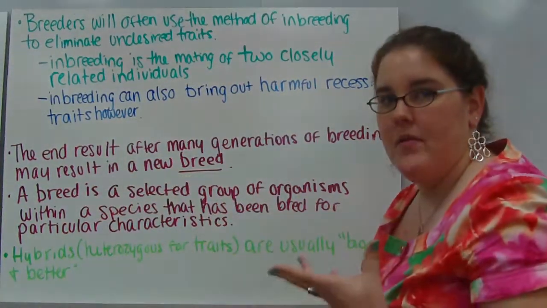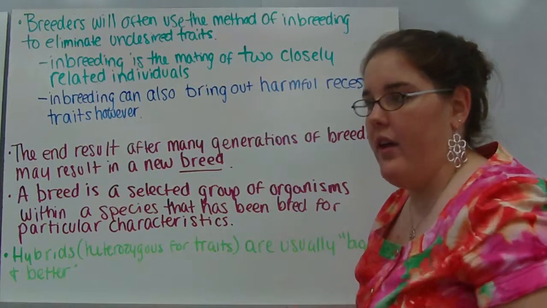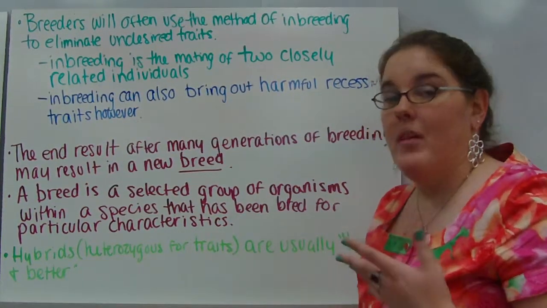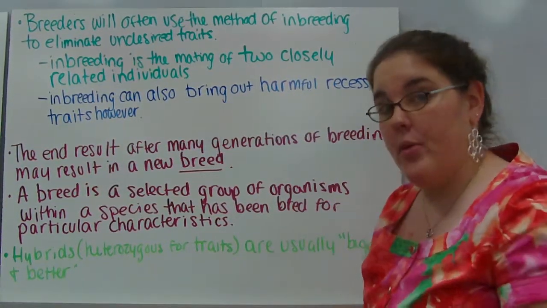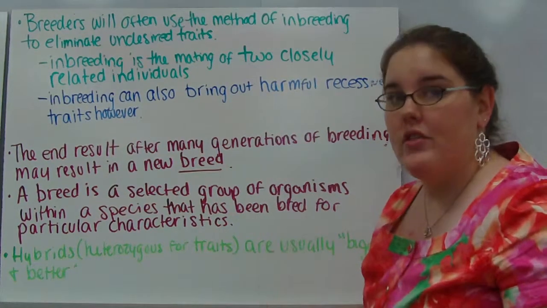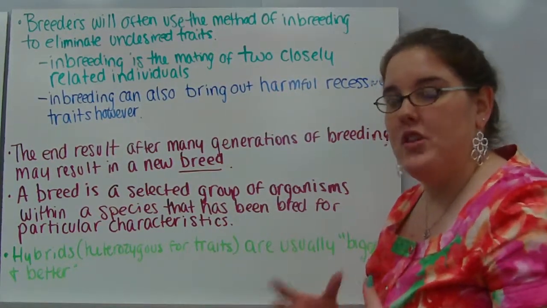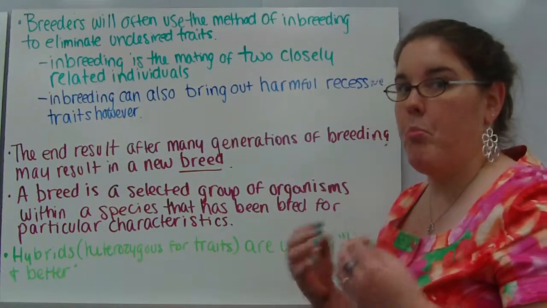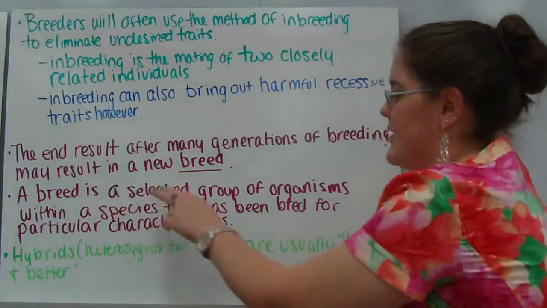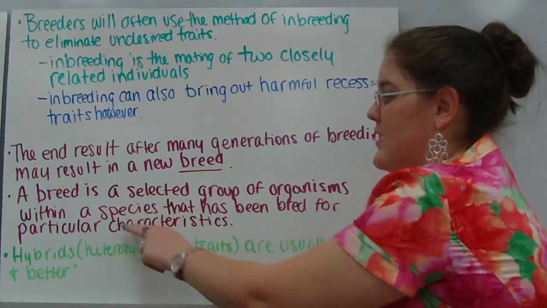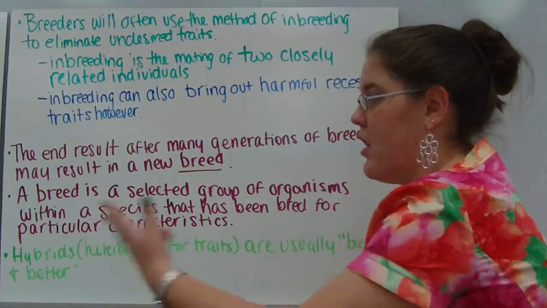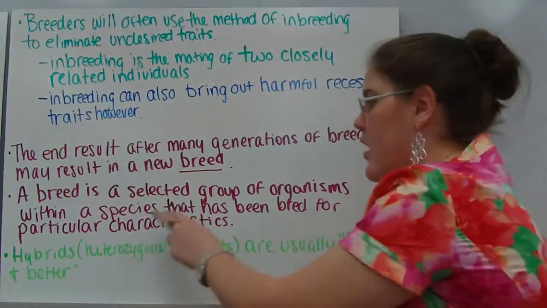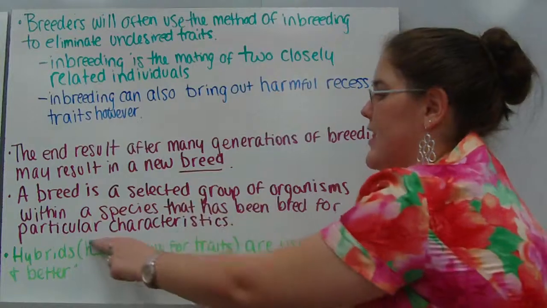For instance, if you've ever heard of the example of a Labradoodle, whenever they breed Labradors and Poodles together, after several generations of doing that, they've formed this new type of dog that they consider its own breed. So a breed is a selected group of organisms within a species. In our example, it would be a dog that has been bred for particular characteristics.